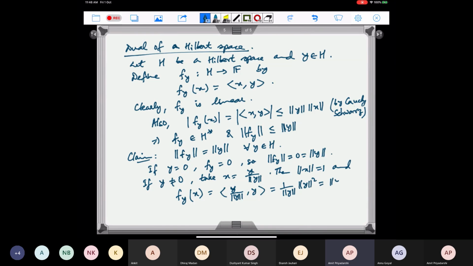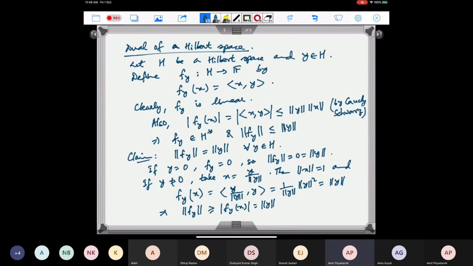So this is equal to norm y. So F_y of x is equal to the norm of y. This is true, and we know that the norm of F_y is bigger than or equal to this. So this implies the norm of F_y, which we know is bigger than or equal to mod F_y of x, which is norm y. So therefore we get that this is true.